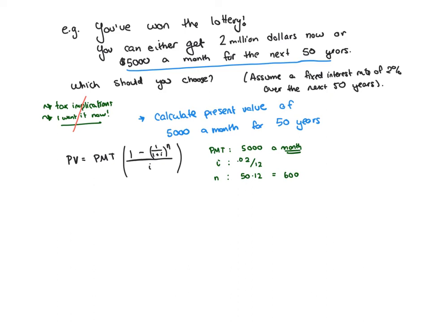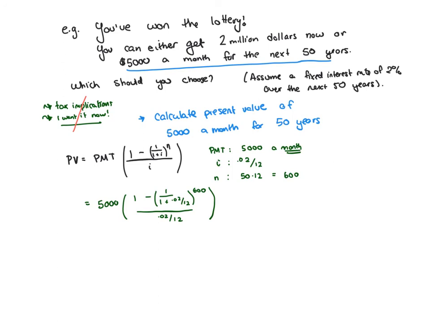So I can put these all together into my formula to find the present value. So I have 5,000 times 1 minus 1 over 1 plus 0.02 over 12 to the 600, divided by 0.02 over 12. I've got my formula preloaded here into Desmos, so I can just put in those different values.